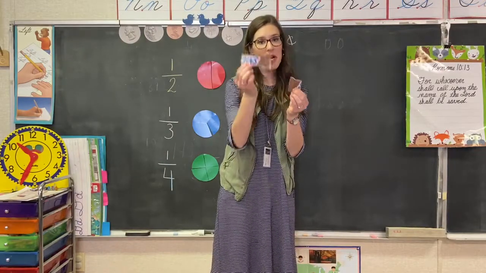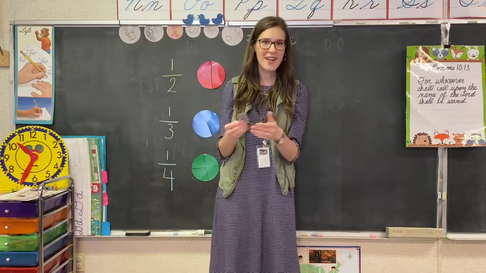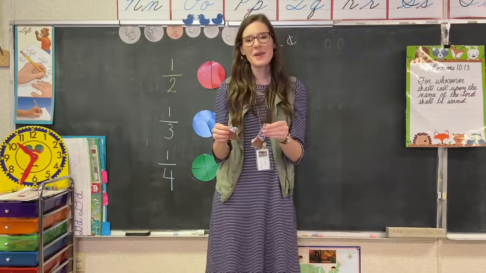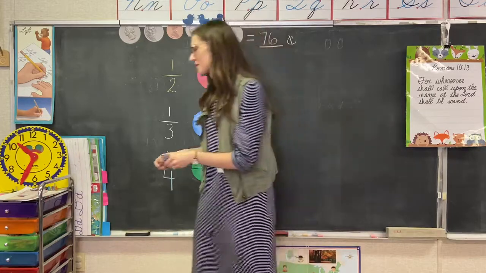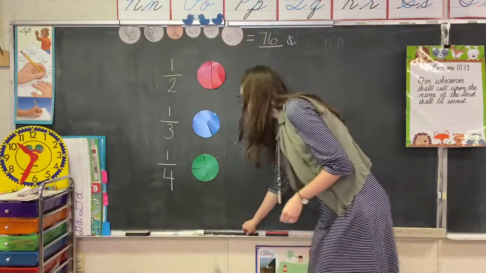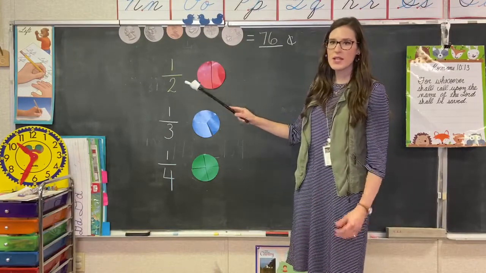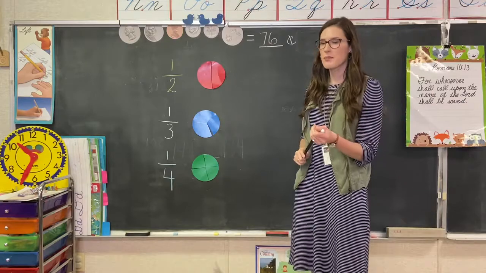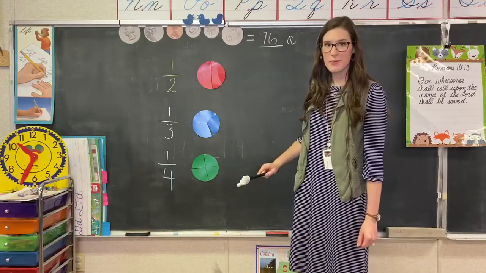So I would rather share it with only 2 people than 4 people, even though sharing is very kind and a wonderful thing to do. But if you want more of your candy bar, then you only need to split it with 2 people. So keep in mind, the fraction with the smaller number on the bottom is actually the bigger fraction, because you're only sharing it with 2 people instead of 4 people.